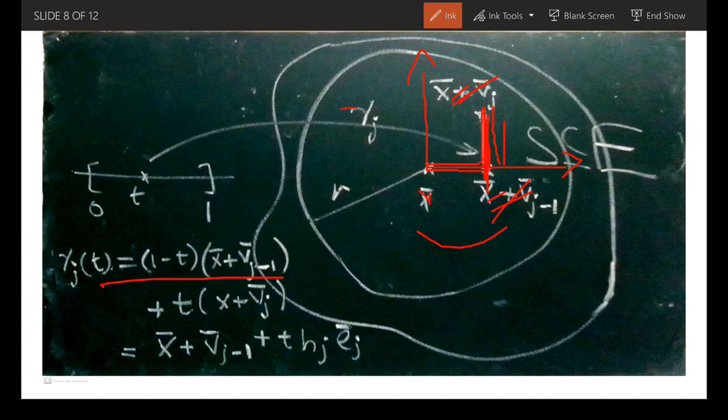So gamma j of t is equal to 1 minus t into the first point x plus vj minus 1, plus t into the second point x plus vj. Now you simplify and write this as x plus vj minus 1 plus t hj ej, because so many things will cancel out. For example, this minus tx and plus tx cancel, and finally you will get this.